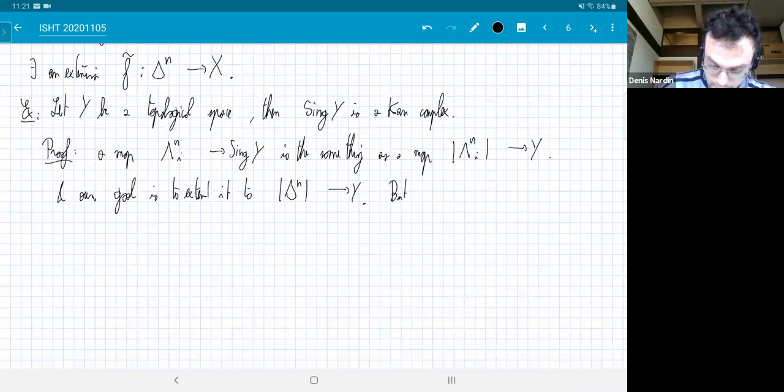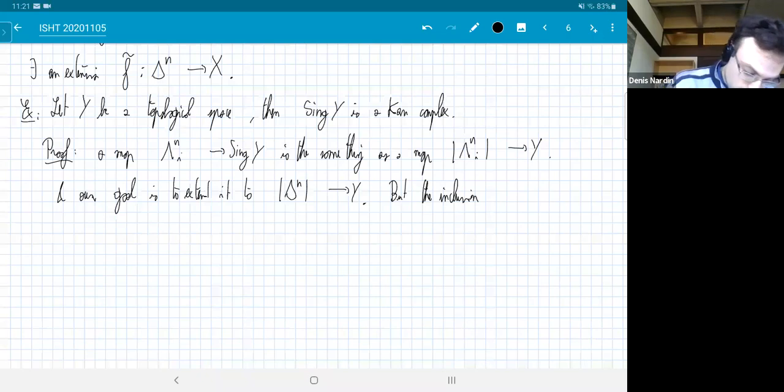But the inclusion Λ^n_i inside Δ^n has a retraction.